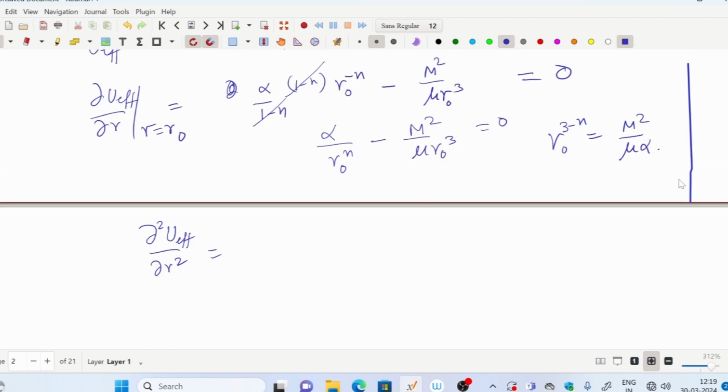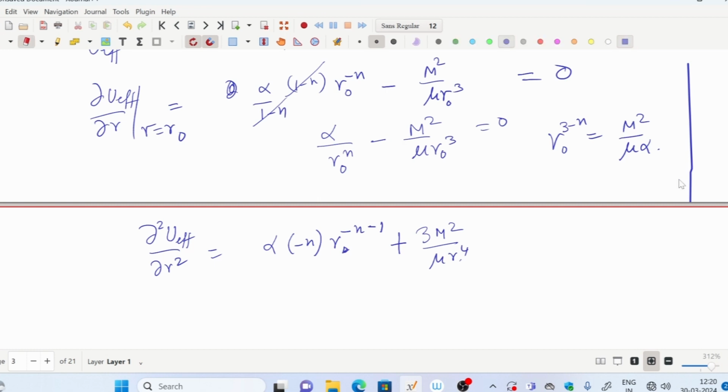So, if I calculate, the first term was alpha r0 to the power n. So, it will be alpha, then minus n r0 to the power minus n minus 1, since I have to differentiate. And then the other term, m square by mu, minus r to the power minus 3, so it will be plus 3 m square by mu r to the power 4.